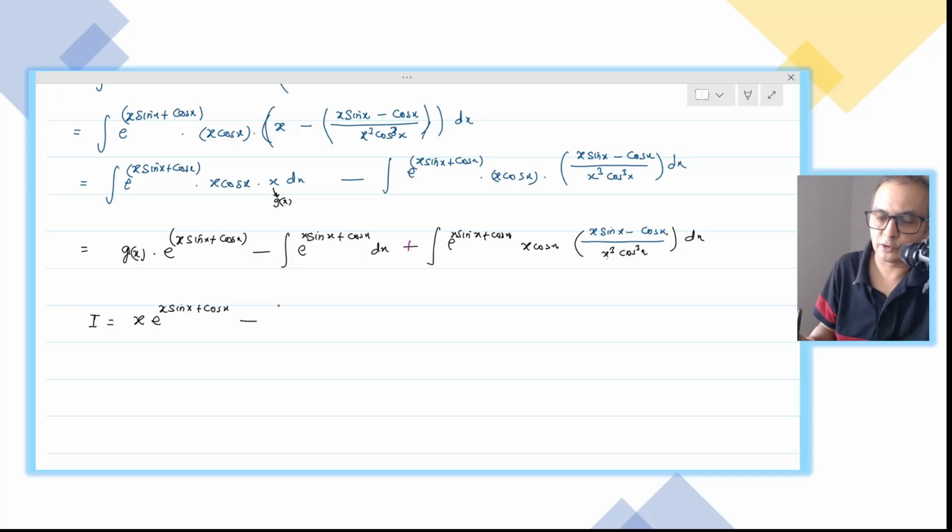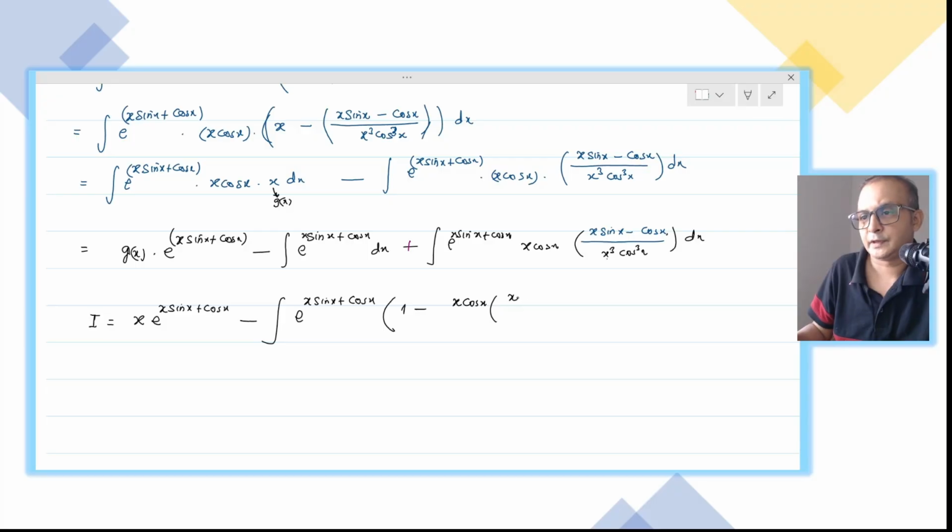So I'm taking the minus sign out of it and I'm taking a big integration sign, and I have e to the power x (sin x plus cos x), and since I have taken this thing common, from both of the terms I'll have one left over here, and minus I have this x cos x into (x sin x minus cos x) divided by x cube cos cube x dx.